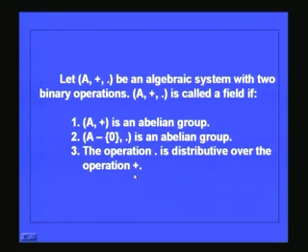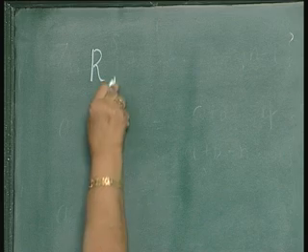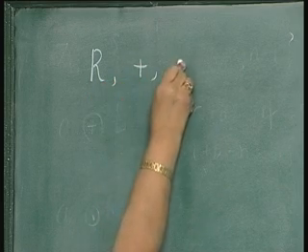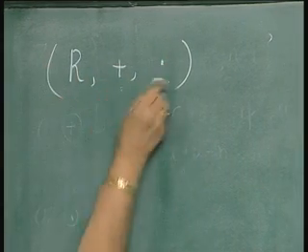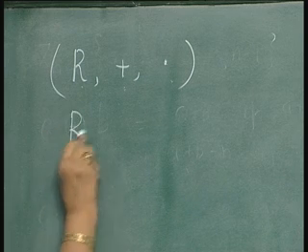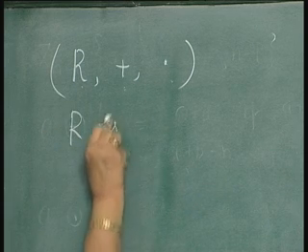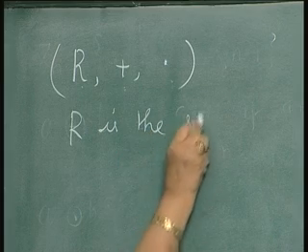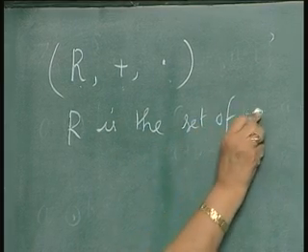Consider the set of real numbers with the plus operation and the dot, that is, addition and multiplication. R is the set of real numbers.